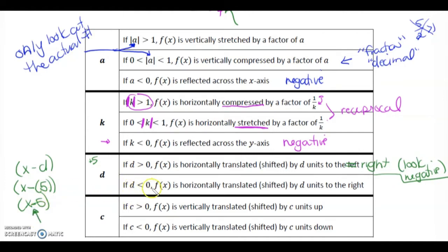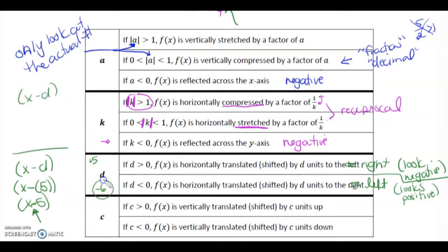And if d is less than 0, we end up horizontally translating our function d units to the right. But it's actually going to go to the left because it looks positive. And I'm going to give you an example of that. If we had d is like negative 6, again, I'm going to extract just the x minus d.